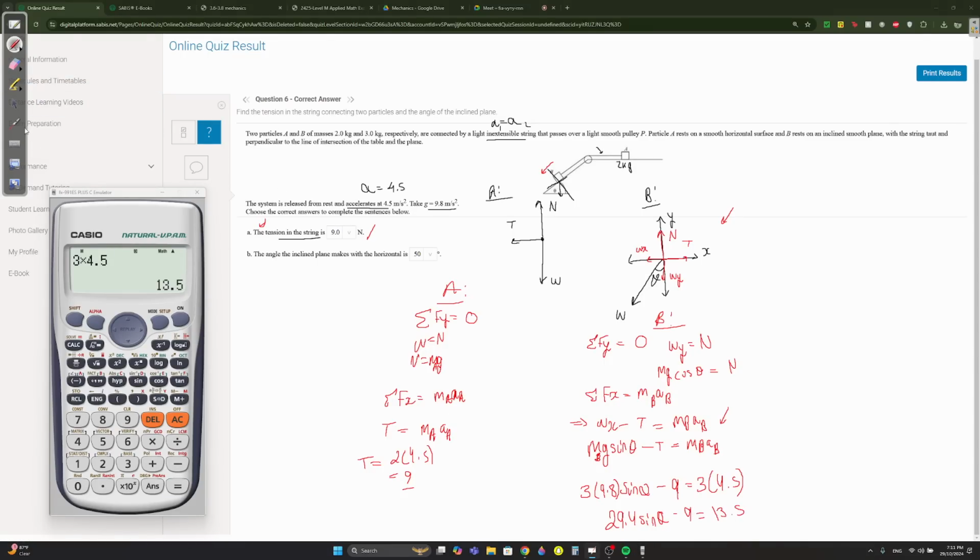So take it to the other side, so plus 9. So you're going to have 22.5 divided by 29.4. You're going to get this. Since it's sine, what do we do? We do shift sine. 49.9, which is 50 degrees.